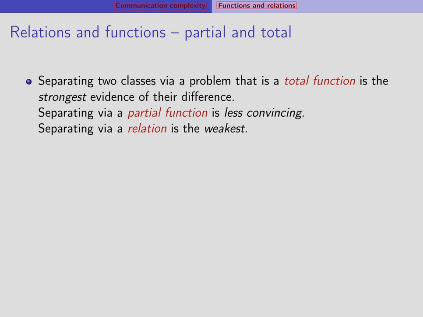A partial function is also a function, which means for every possible input value there is exactly one correct answer, but the set of allowed inputs does not have to be a product set.